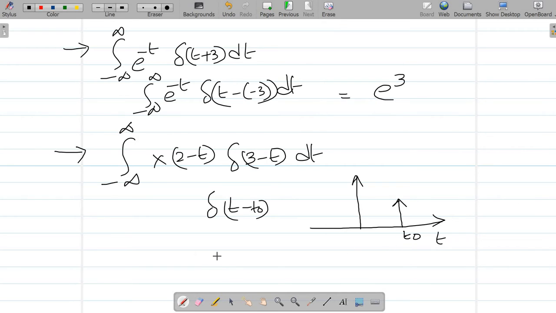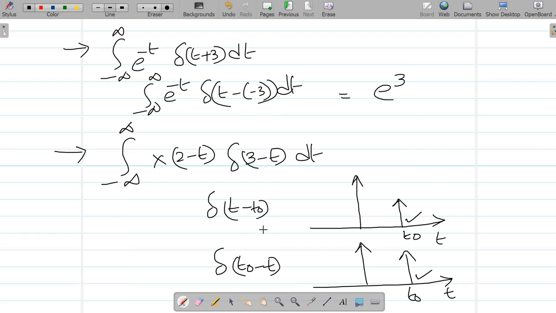Now what about delta t naught minus t? If you try to plot this, it is going to be at the same place as it had been before. That is, these two are equal.